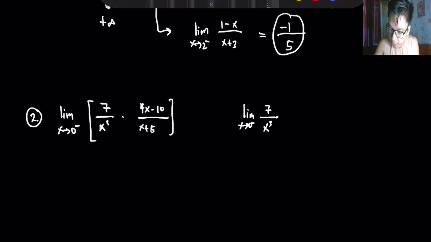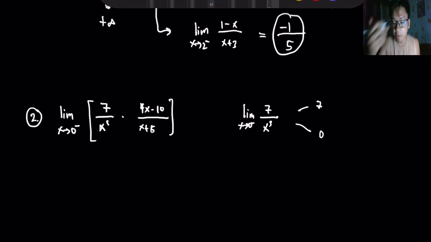The numerator is a constant, 7, but the denominator approaches 0. So that means we qualify for the first theorem from the previous video. And technically, this approaches 0 through negative values, so this limit is negative infinity.